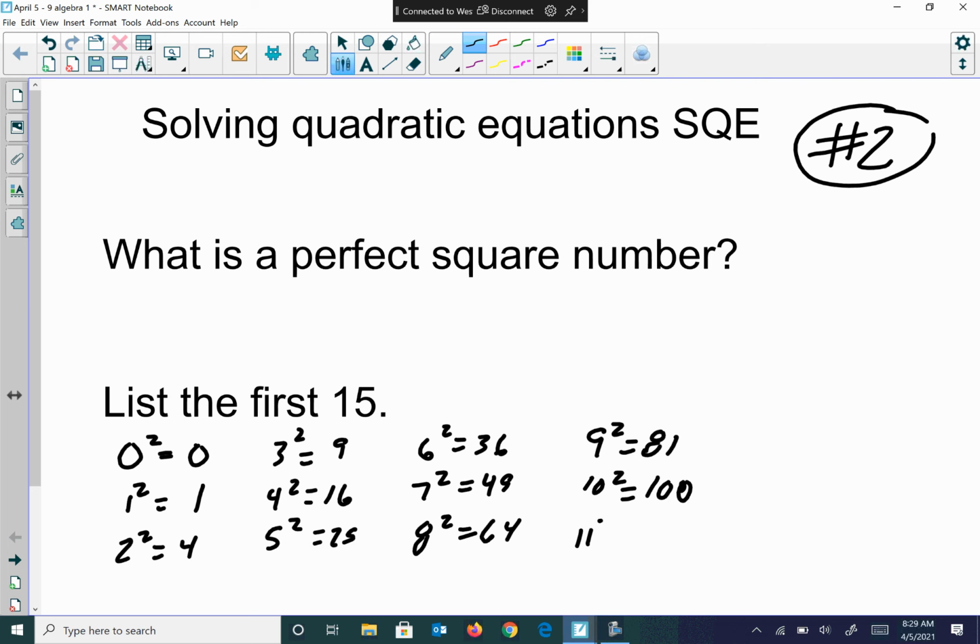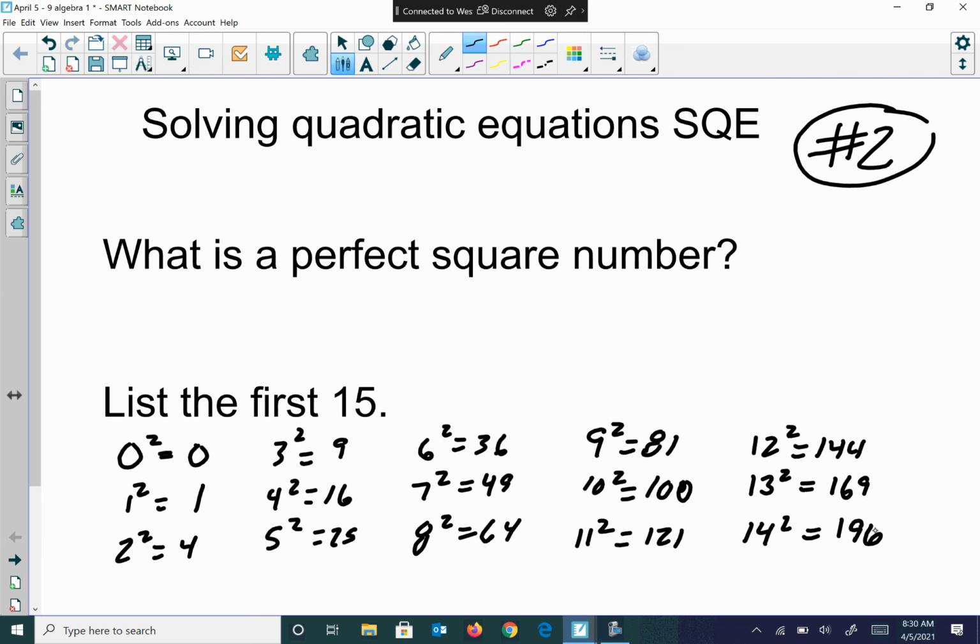Yes. Uh-oh. We're going to keep going. 12 squared? 144. Yes. 13 squared? 169. And then 14 squared is 196. Great job, though. All right, so that's basically the first 15 perfect squares.